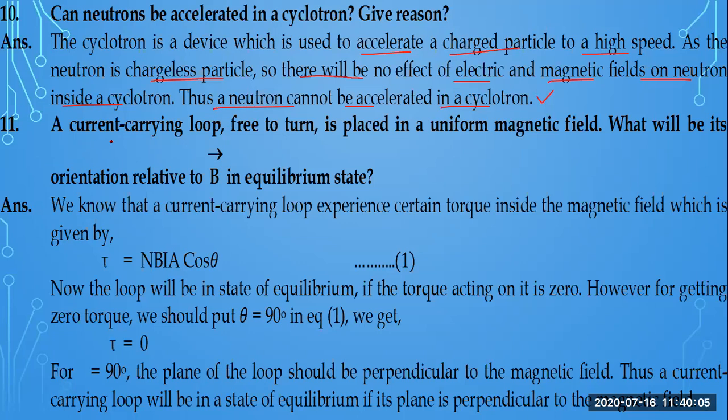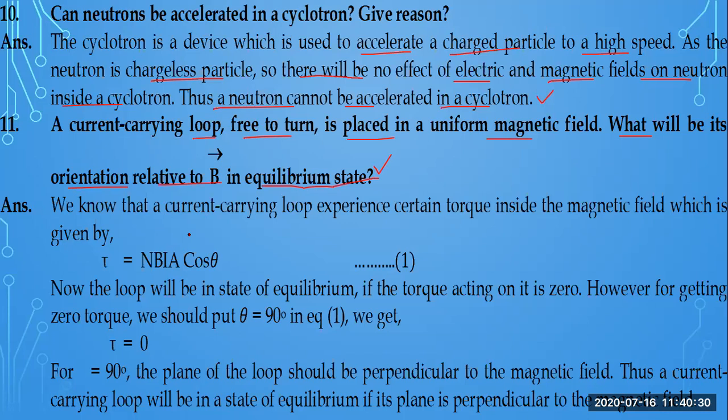Next question: a current carrying loop free to turn is placed inside a magnetic field. What will be its orientation relative to B in its equilibrium state? This is also an easy question, which we have already discussed in detail.